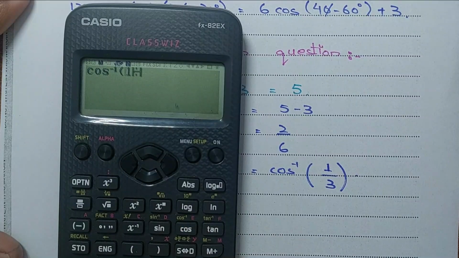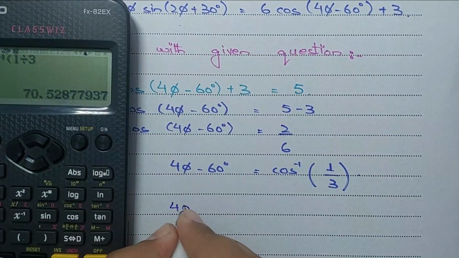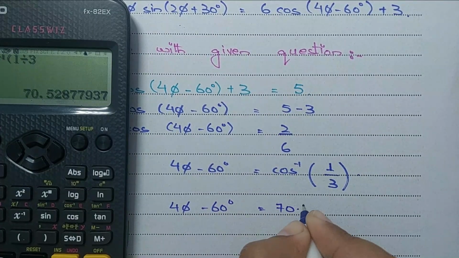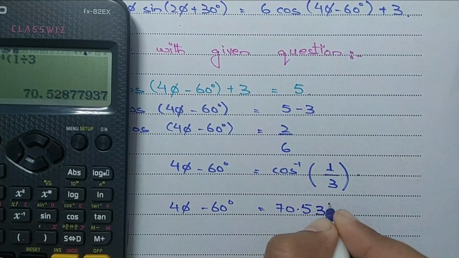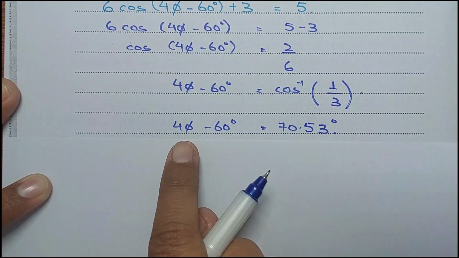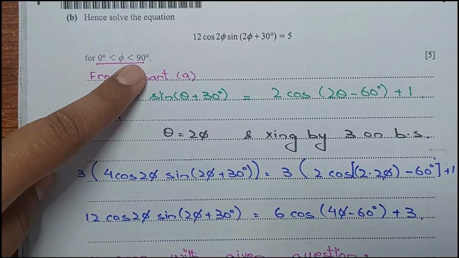Cos inverse 1 over 3. So 4 phi minus 60 degree is 70.53 degree.